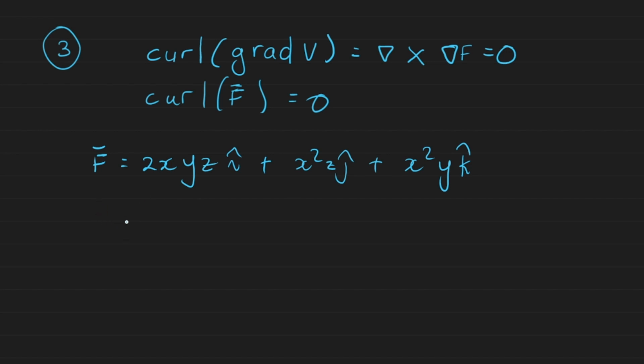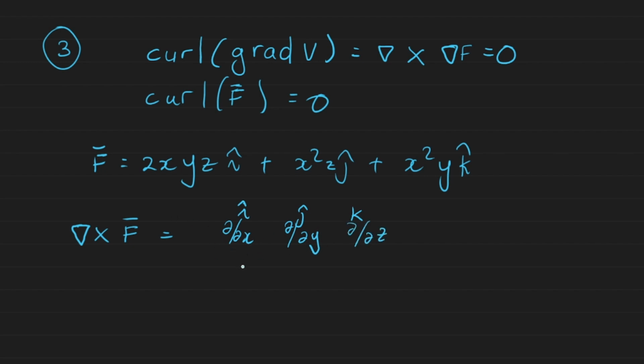If we take the curl of this, we can just remember how we take the curl. We take the cross product. We write i, j, and k in the first row. Then we write d/dx, d/dy, and d/dz in the second row.